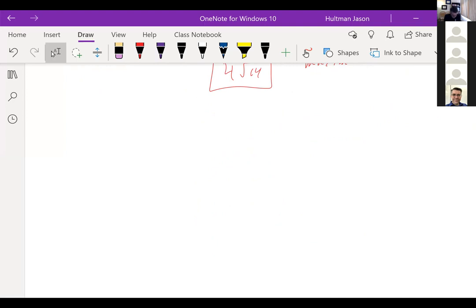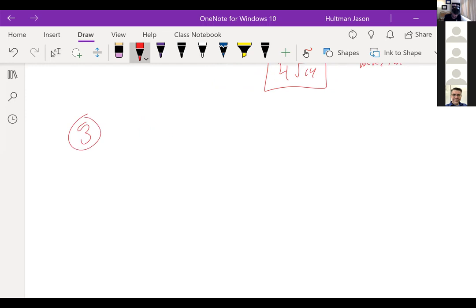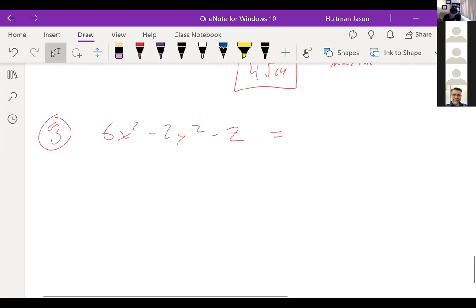So number 3, 6x squared minus 2y squared minus z. That's in the denominator, so it cannot equal 0. So we can't have that equal 0. So what I'm going to do is solve for z here and put my answer in terms of a function of x and y.